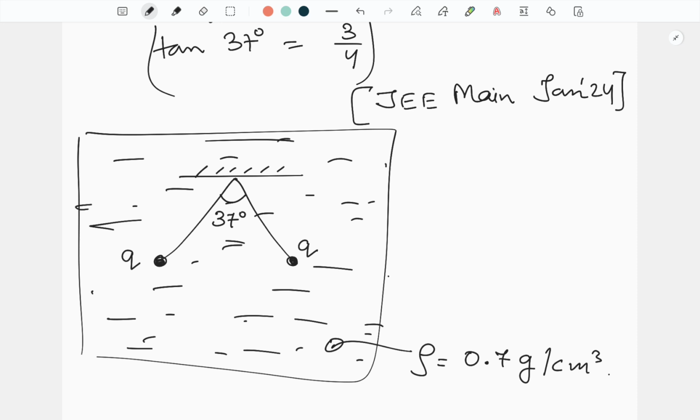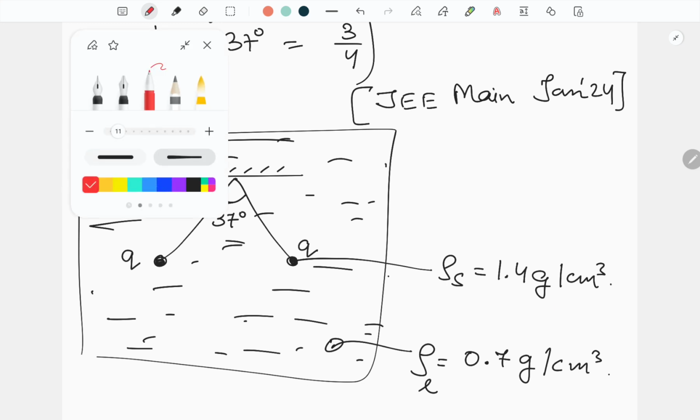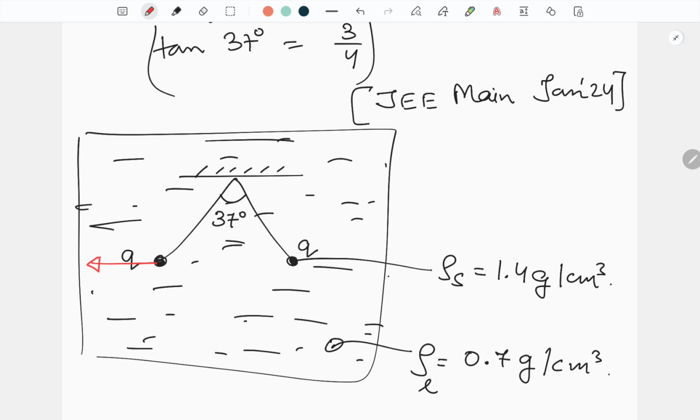And there is one more density given, the sphere density. This is the liquid density and this is the sphere density, which is 1.4 gram per centimeter cube. Since both are identical spheres, there will be repulsion, a force of repulsion F will be there.